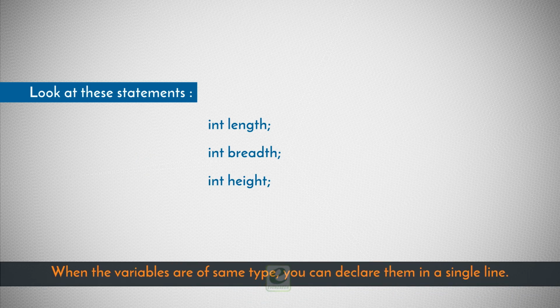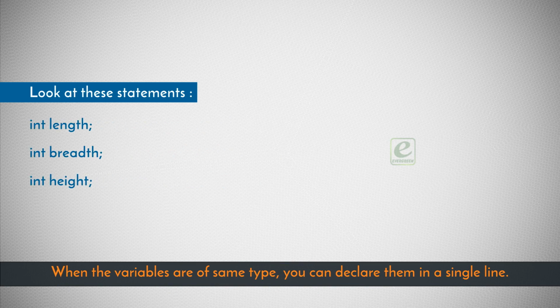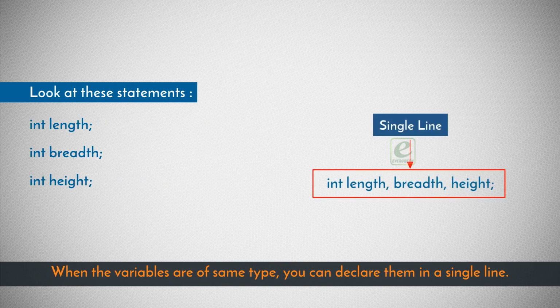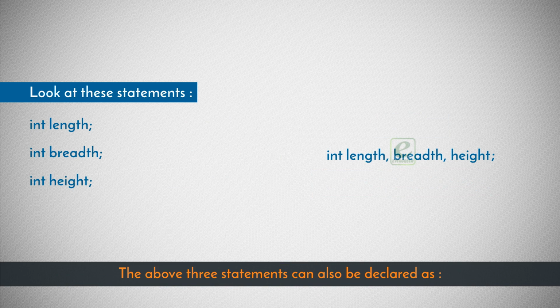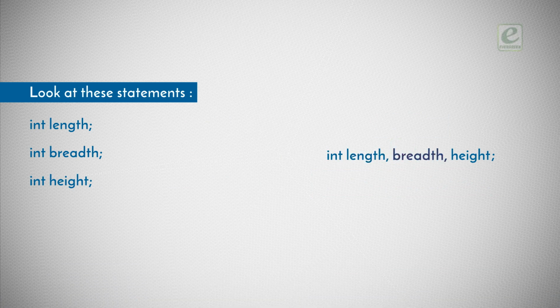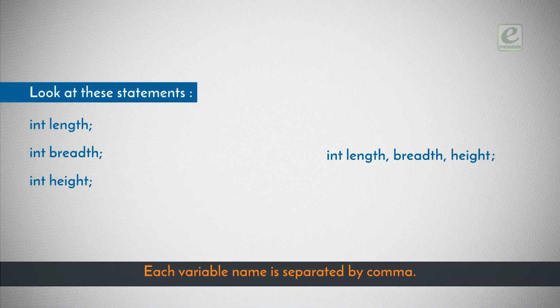When the variables are of the same type, you can declare them in a single line. The above three statements can also be declared as int length, breadth, height; Each variable name is separated by a comma.